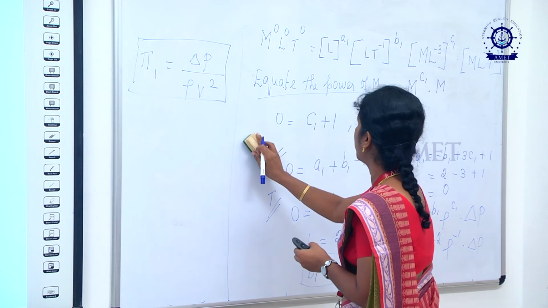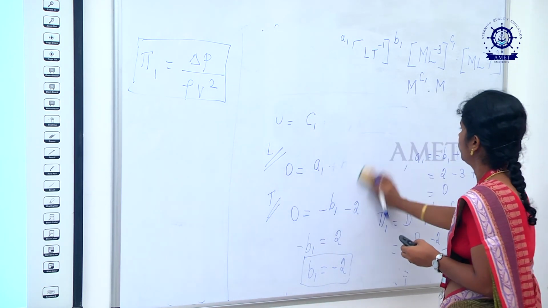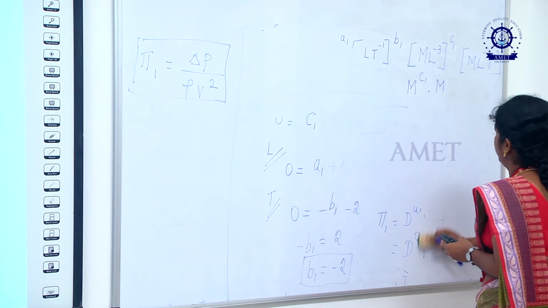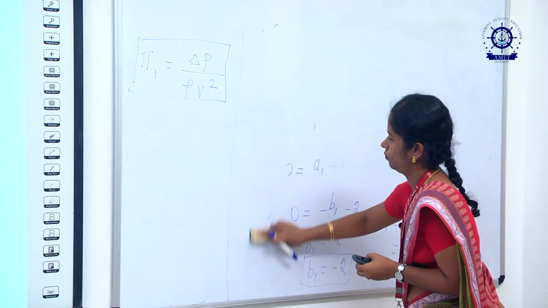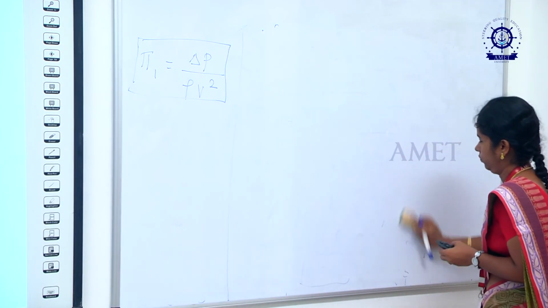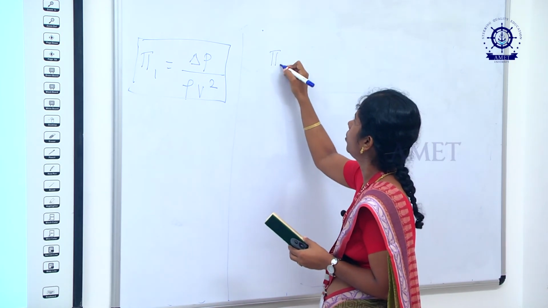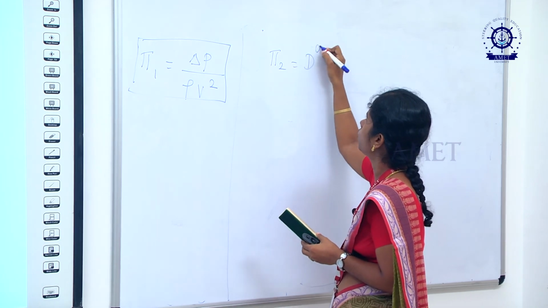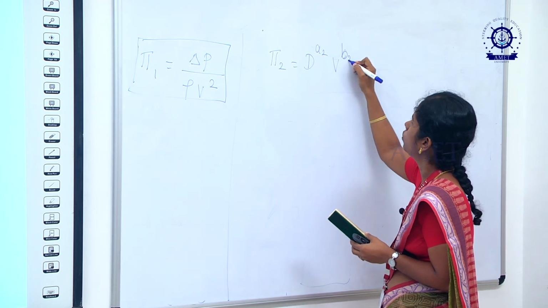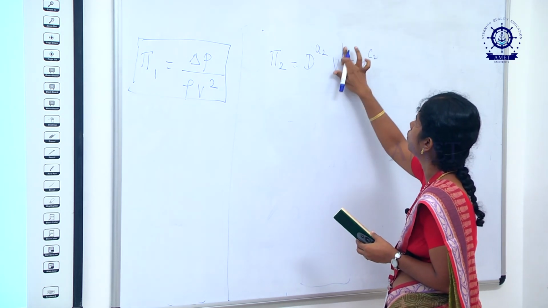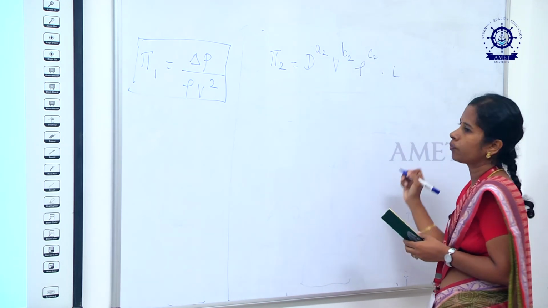Then you have to do the same again for the second pi term. The second pi term will be d power A2, the same procedure, v power B2, rho power C2 into length.